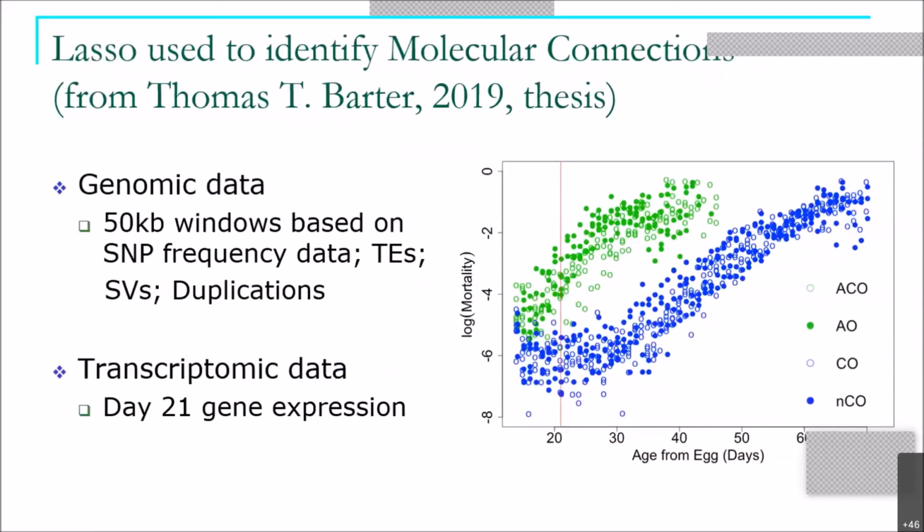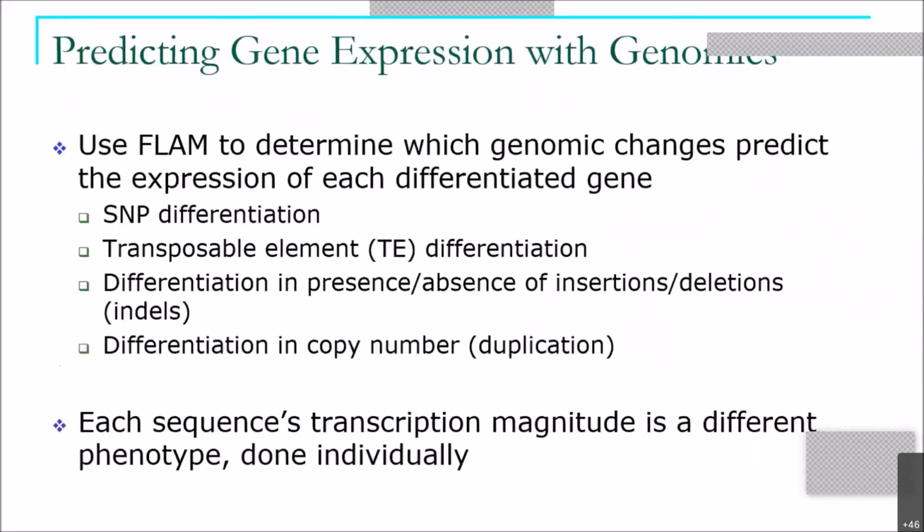And then we applied the Lasso machine learning for the prediction of transcript level differentiation based on the SNP data genome-wide, transposable element, structural variants, and duplications. So first, this was done for each of those kinds of genomic features separately. We have 4 different sets of FLAM data.